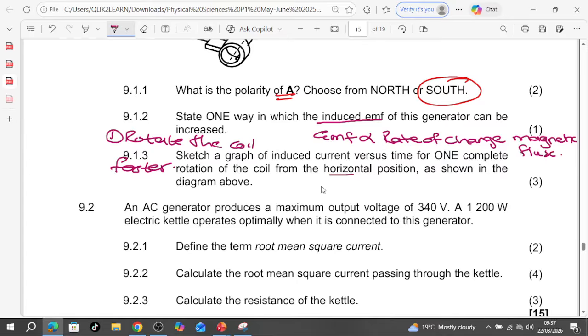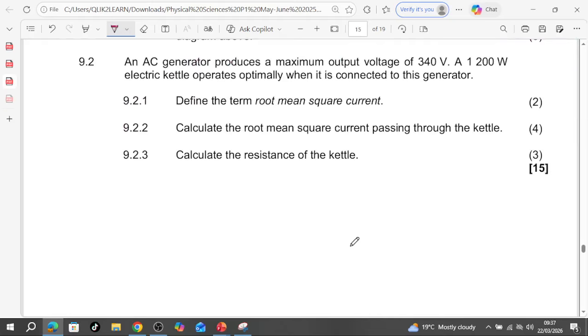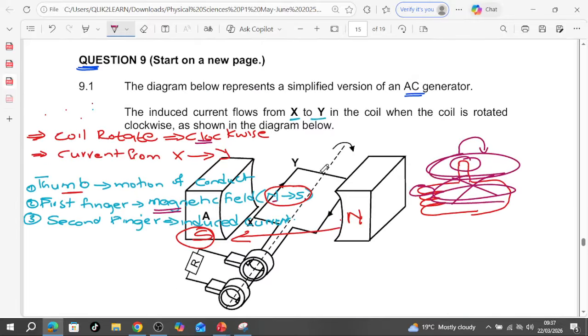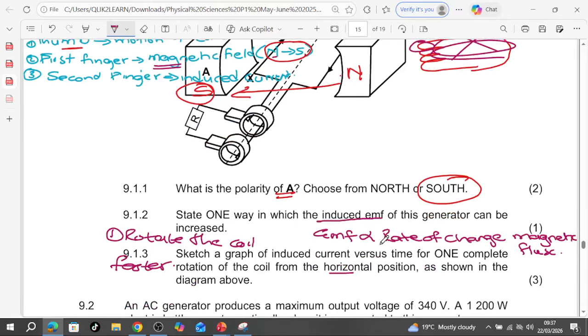Okay, so we're going to plot what we call the graph of current versus time. So to plot the graph, let's check what type of generator this is. Is this a DC or an AC? Oh, it's easy. It's given as an AC generator.